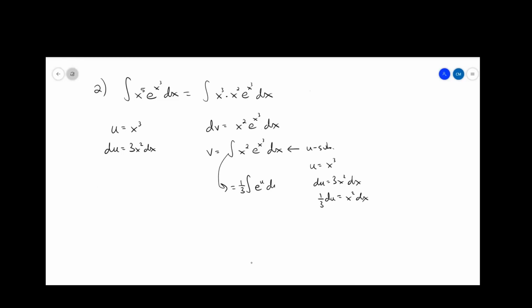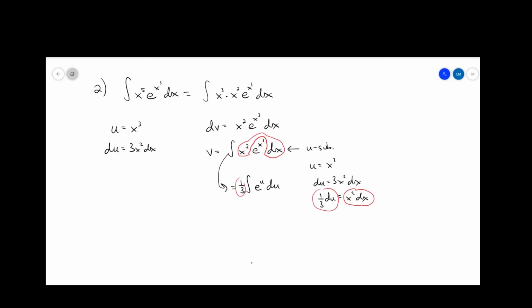And then du. So I'm just going to circle a few things so that we see exactly what's happening there. Here's the x squared dx, right? X squared and dx become 1/3 du.